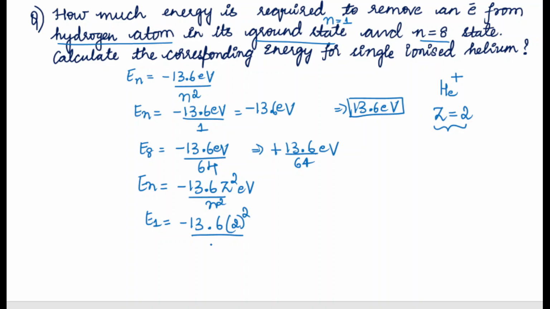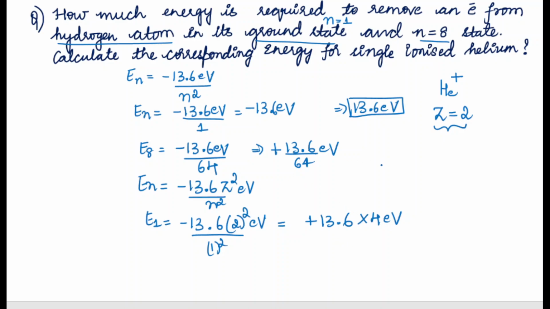The n square value is 1 square, electron volt. So this much positive energy will be required to remove an electron from the singly ionized helium atom. I hope you people are getting my point. So it will be positive 13.6 into 4 times electron volt.